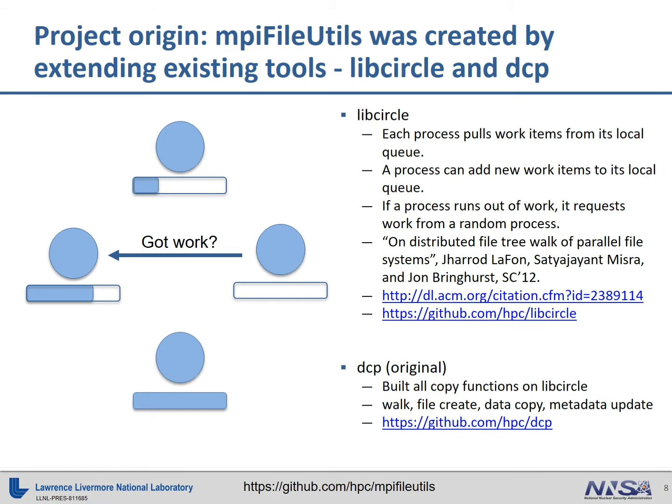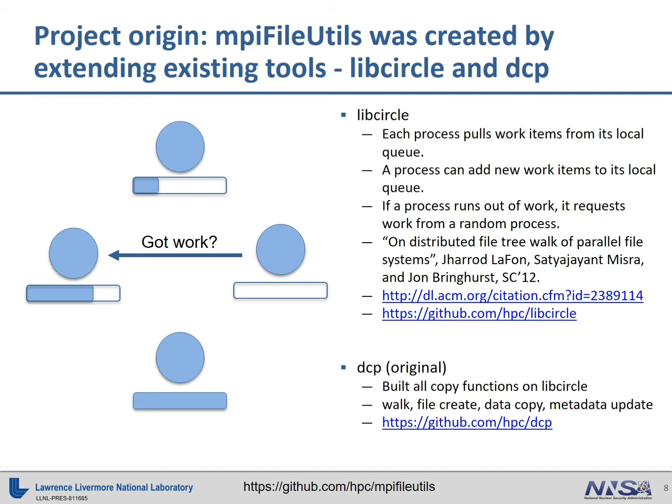So let me give you a little bit of background on the project. Around 2013, I decided I really wanted to help build a suite of tools like this that people could use. I'd seen enough people struggle to realize we really needed to get a solution here. So I started looking around to see what was available already. I figured I'd start from something that already exists if possible. And the one that really caught my eye was DCP and libcircle, which was software written by the same group of people at Los Alamos.